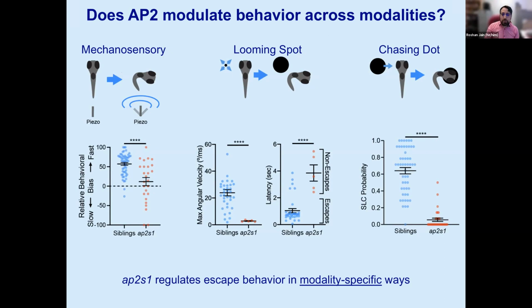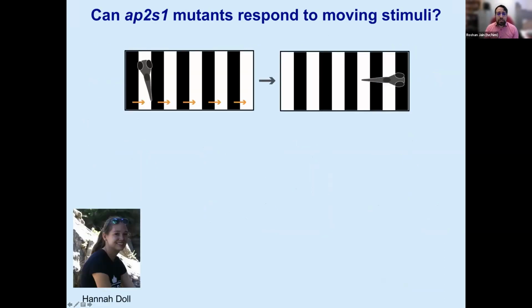And so we were particularly focused then on some of these other modalities to see whether maybe this reflects just a deficit in their vision. So to test that out, Hannah looked at these fish using a standard visual assay called the optomotor response, where we project stripes underneath those fish and then have those stripes either static or moving in a particular direction.